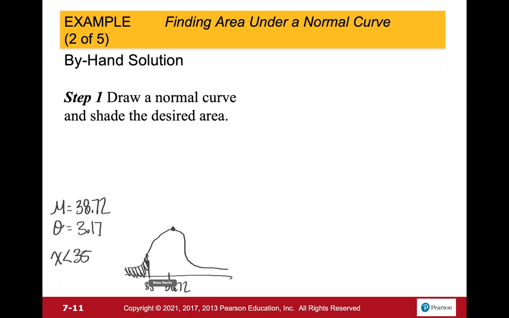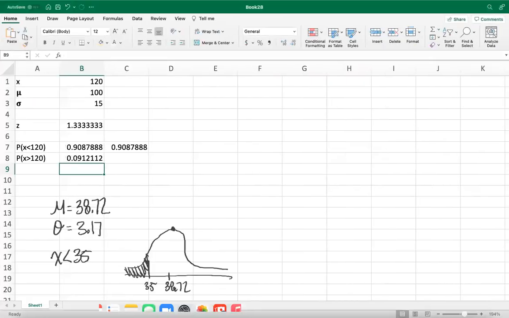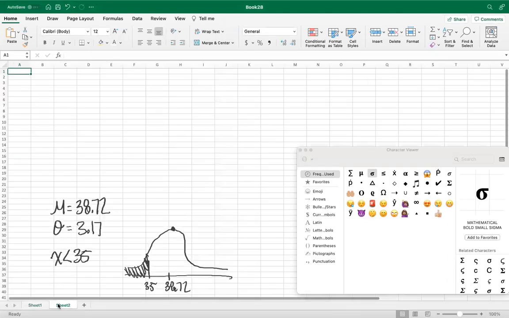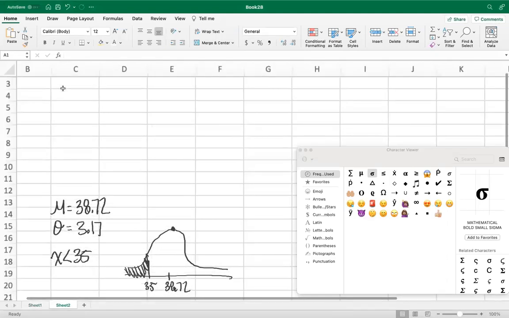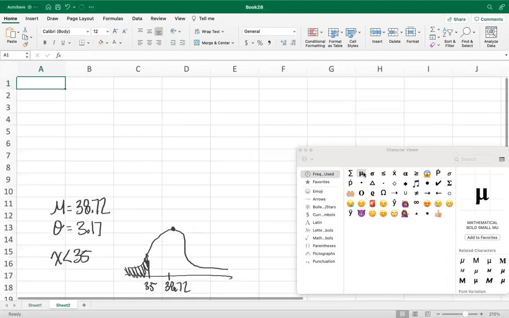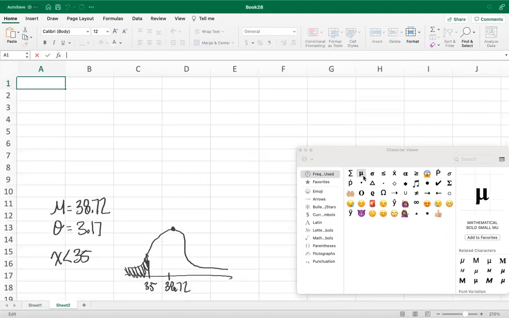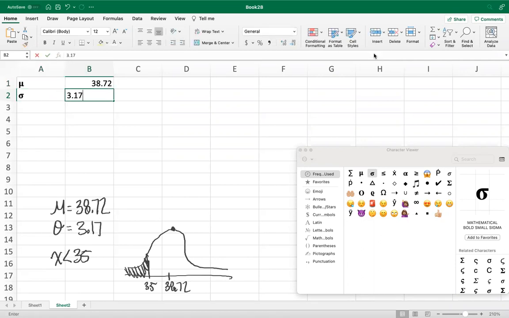Now plugging this into Excel, let's get a new page. Mean of 38.72, standard deviation of 3.17, and we're looking at X being less than 35.